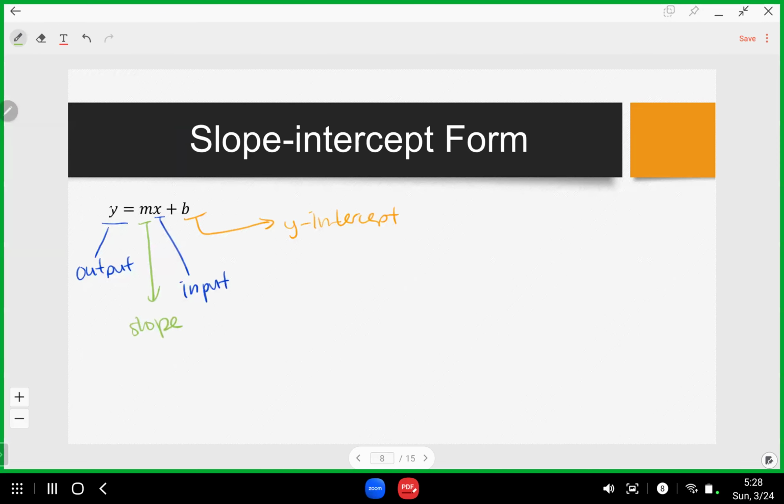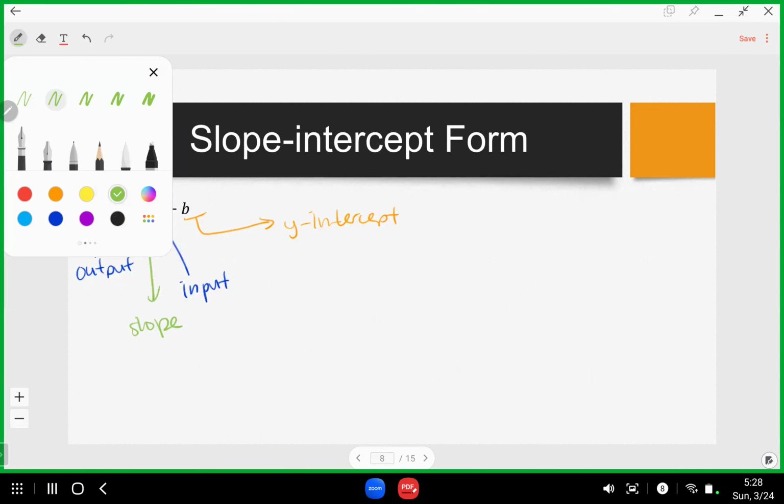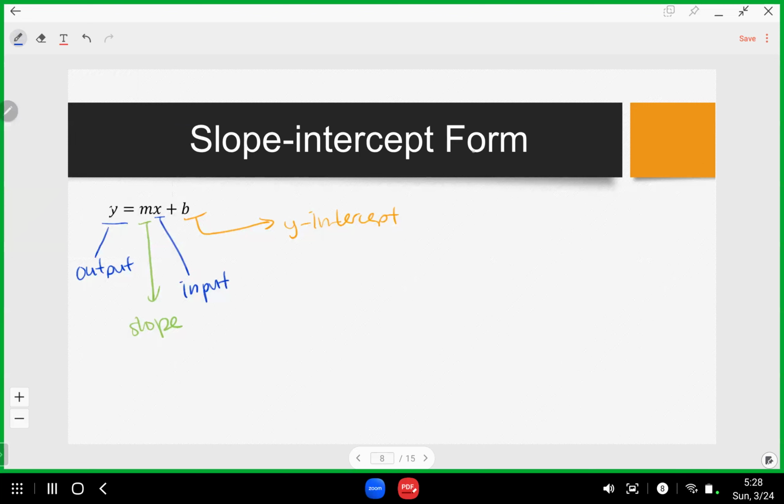So now let's practice on how to use this form to write a line. Okay. So let's say we are given y-intercept is 4, okay, and the slope is, let's say, 2/3.